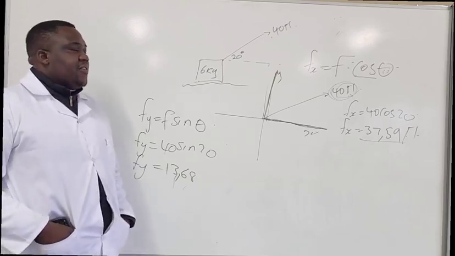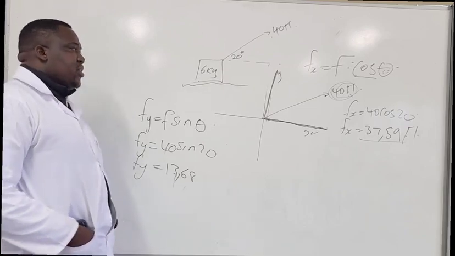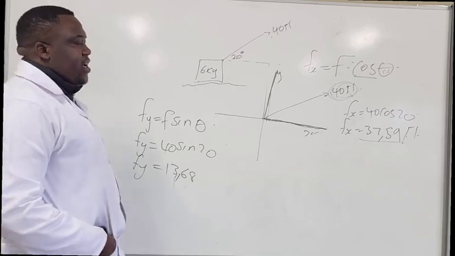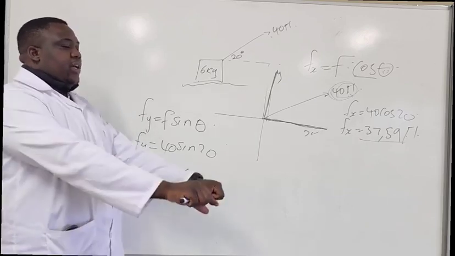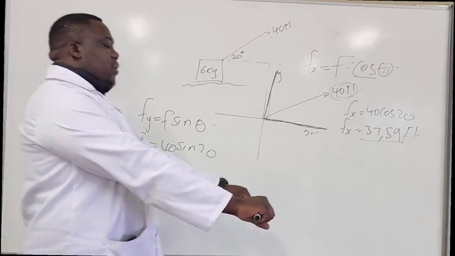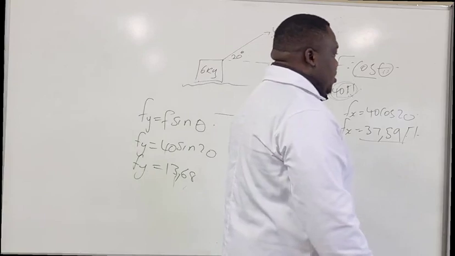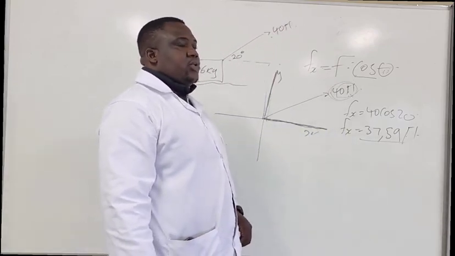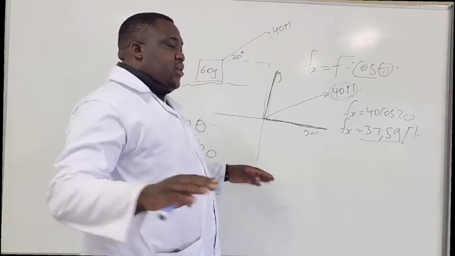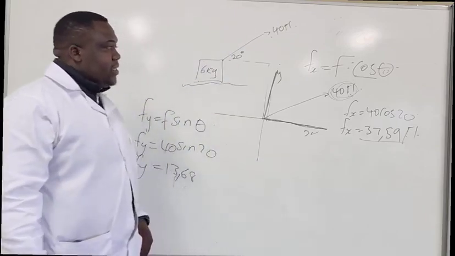We are resolving the applied force when it occurs at a particular angle, like when you are pushing a trolley. You are applying a force, but your force is at a particular angle. So we can resolve your force into two components, the horizontal component and the vertical component.